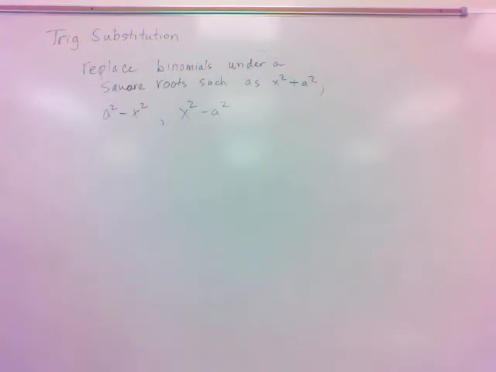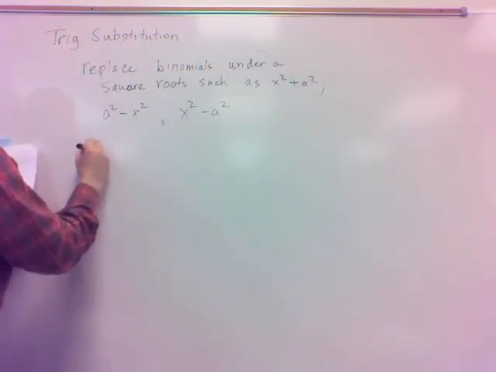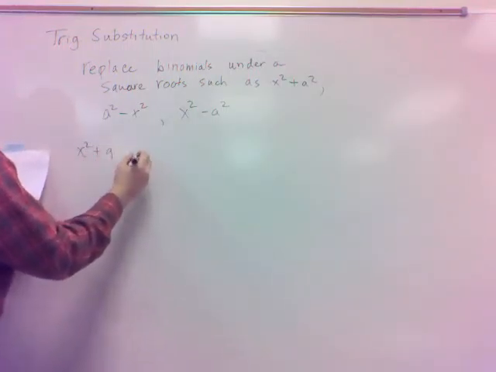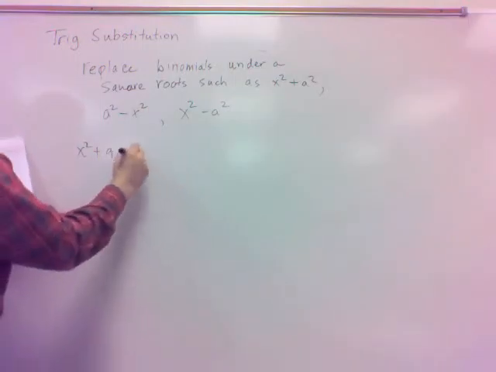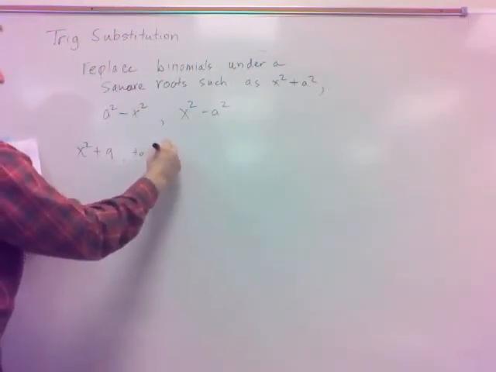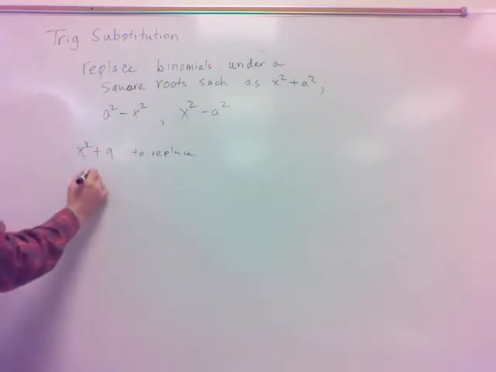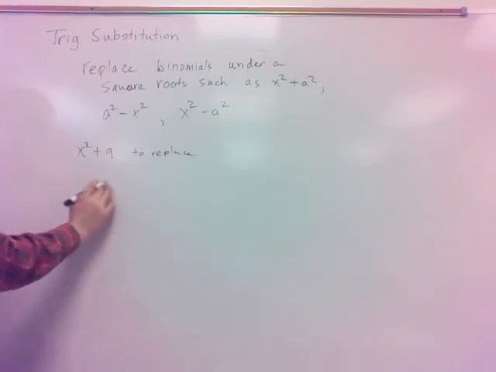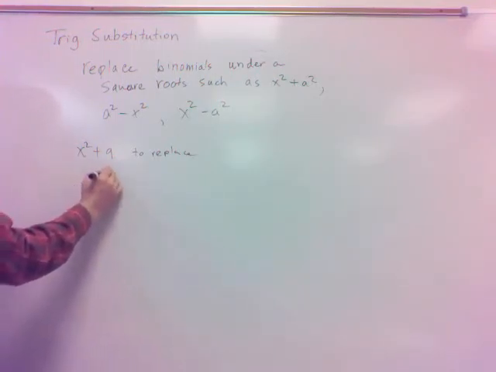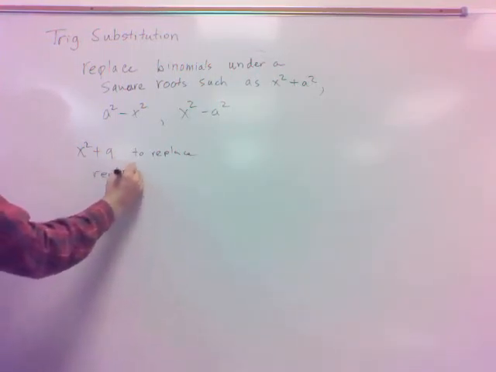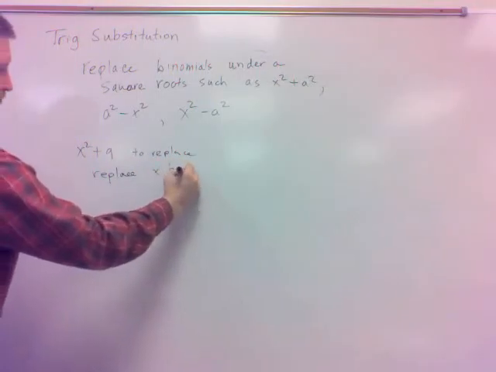Let me give you an example. Say we had x squared plus 9 under a square root. We want to replace that. Well, notice this. If I replace the x by 3 tangent theta.